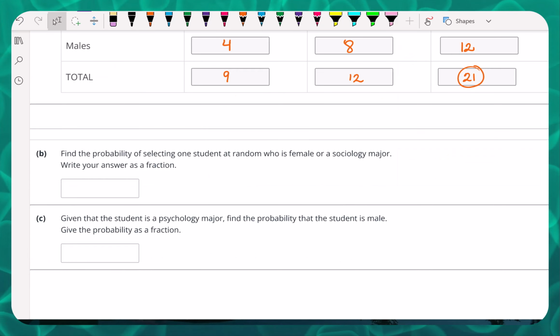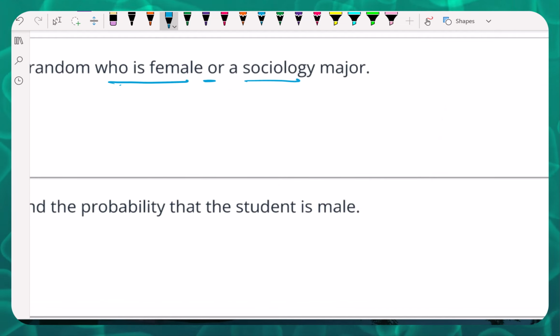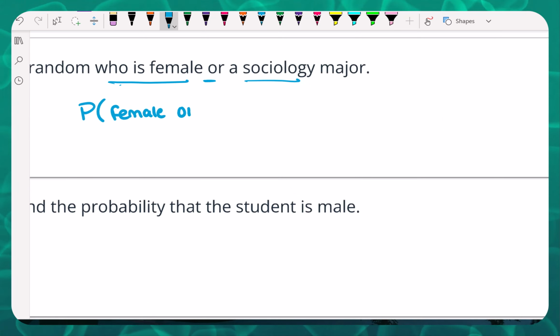Okay, so this next question says find the probability of selecting one student at random. So one student, and we're going to have to figure out who is female or a sociology major. So we've done this recently. So let's write this in notation. So we're looking for female or sociology.